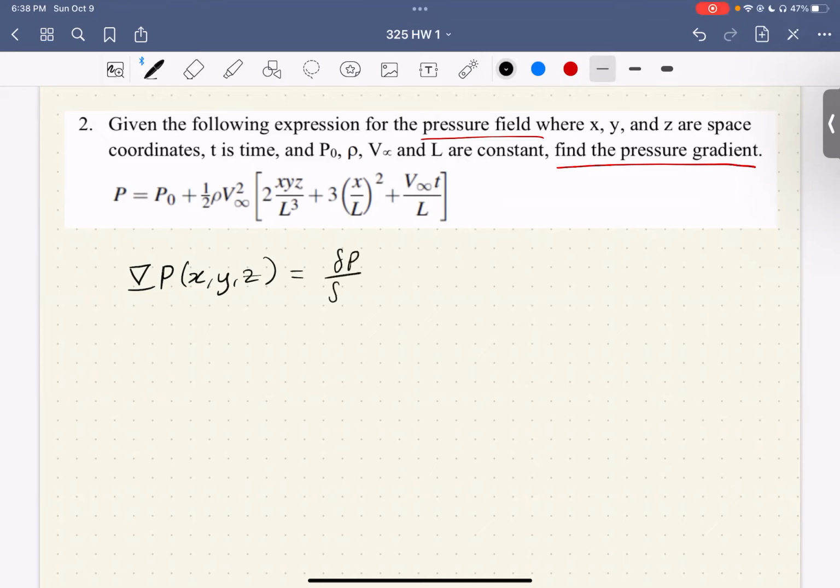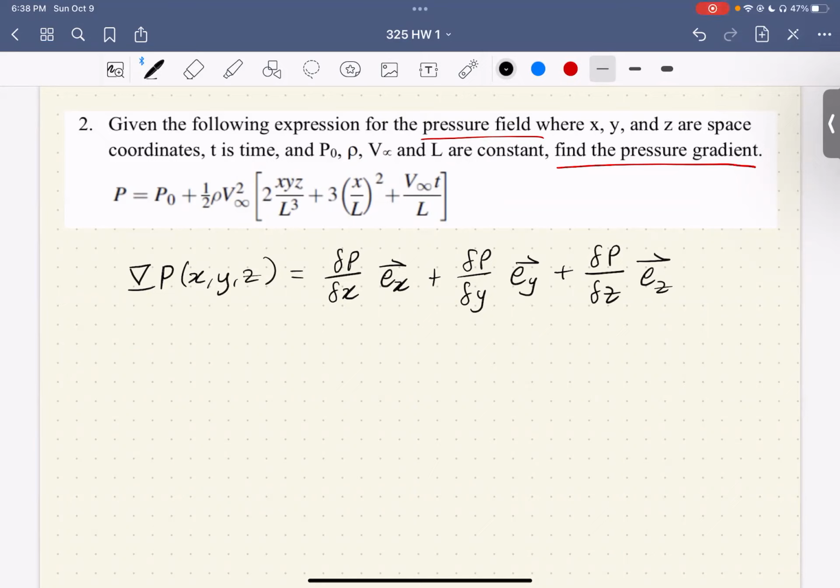Then we take the first one with respect to X, and then we have that unit vector. The same thing, partial derivative with respect to Y. Then we have the partial derivative with respect to Z. And this is just a definition that you want to know by heart. We'll be using this a lot. So just keep this in mind.